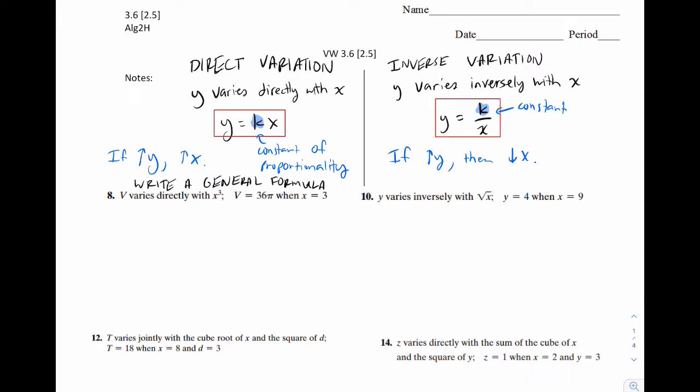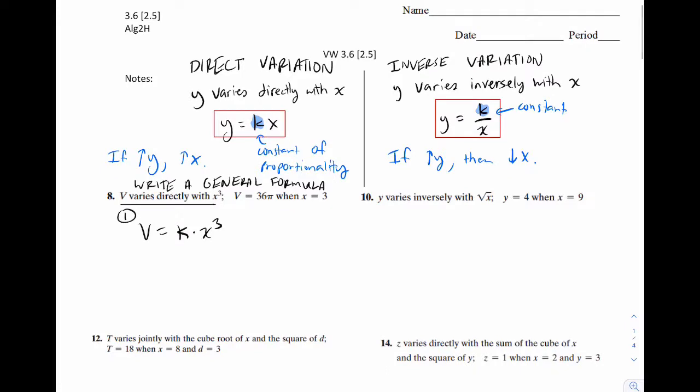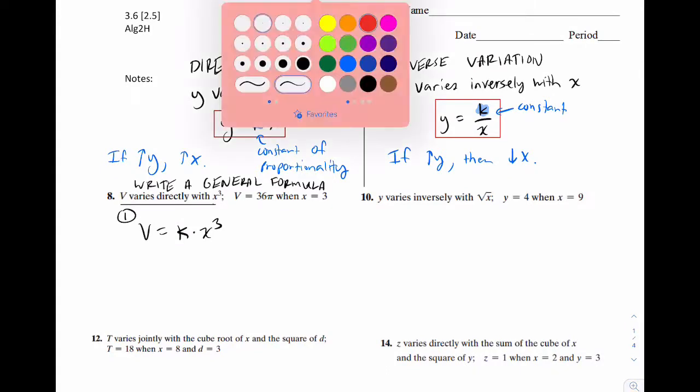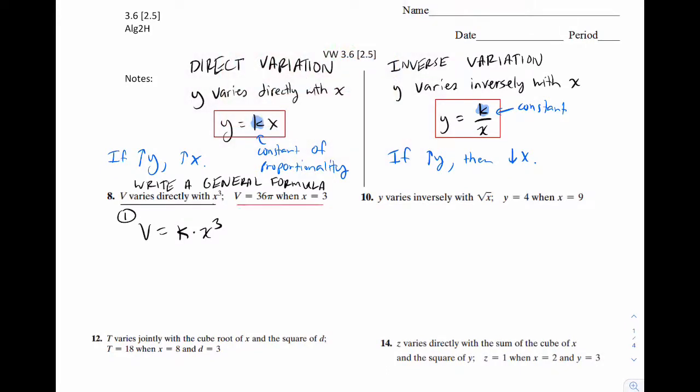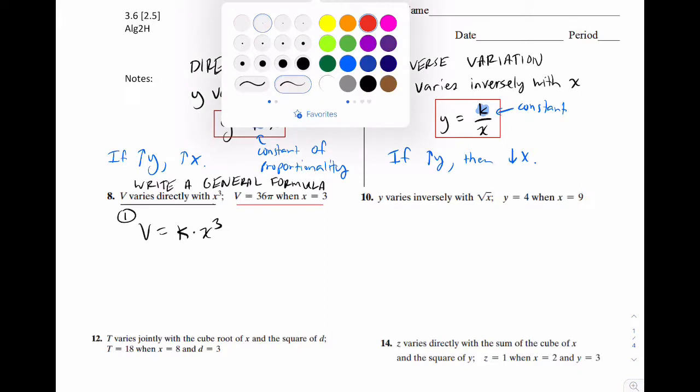So first thing to note is it gives you this fact. V varies directly with x cubed. So just write V equals k, your constant, times x cubed. That's always your first step. Then it's going to give you a second piece of information right here. V is equal to 36 pi when x equals 3. The purpose of that is you want to actually find k.